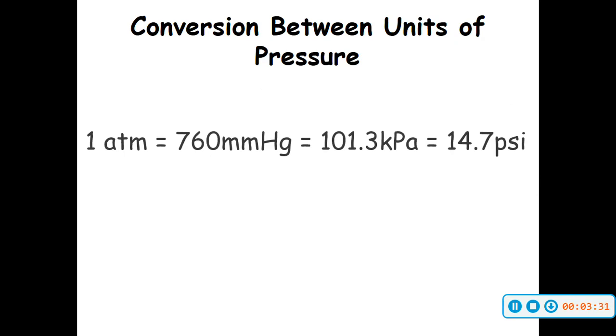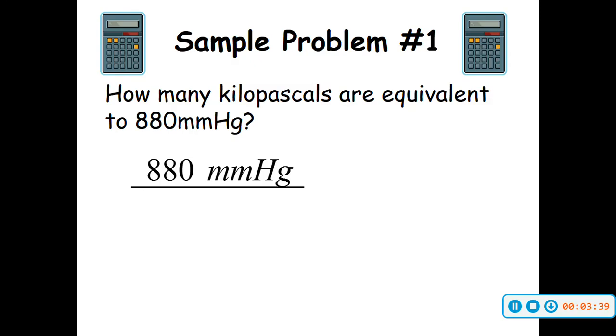Now, because we have these conversions, we are going to be converting between the units of pressure. If we take a look at our first problem, how many kilopascals are equivalent to 880 millimeters of mercury? Well, this is kind of like stoichiometry a few units back.